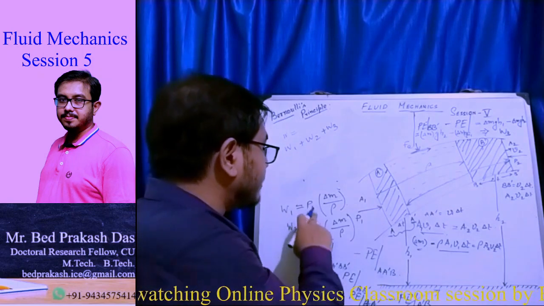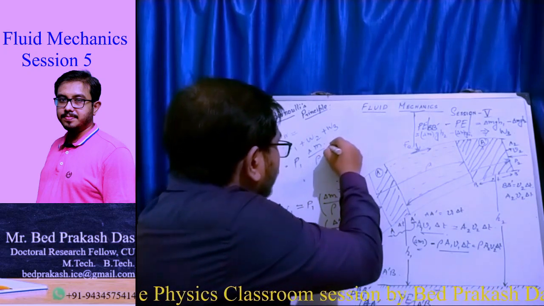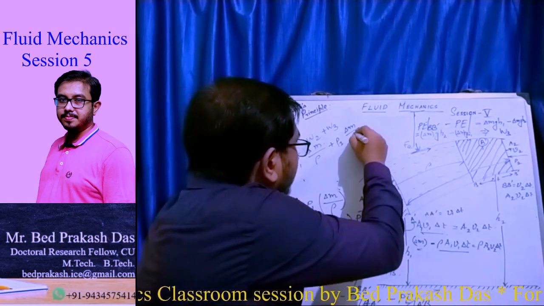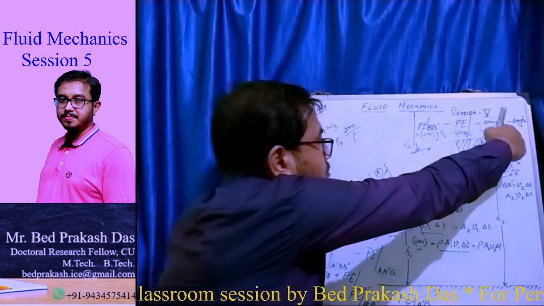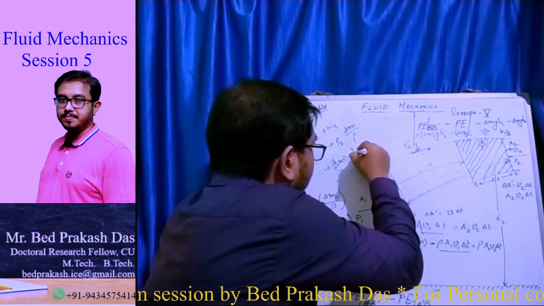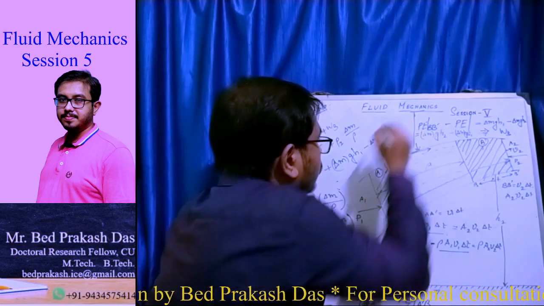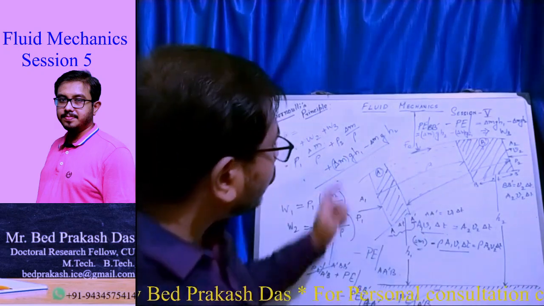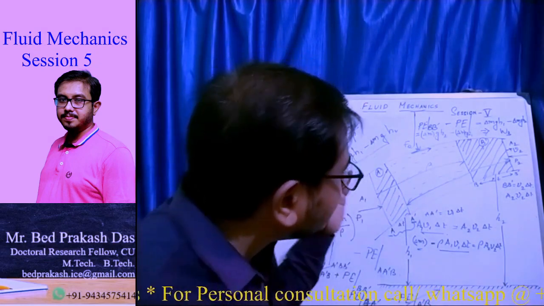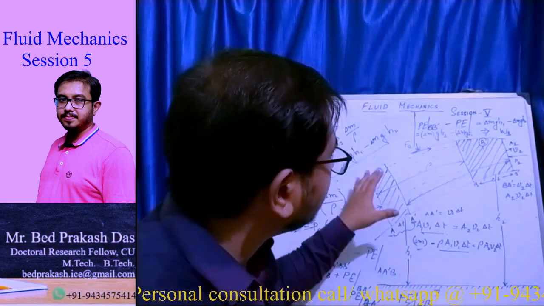So W1 is P1 delta m by rho plus P2 delta m by rho plus W3 is delta m gh1 minus delta m gh2. So this is the total work done by this fluid in this system. We have just concluded the potential energy part of this particular liquid.